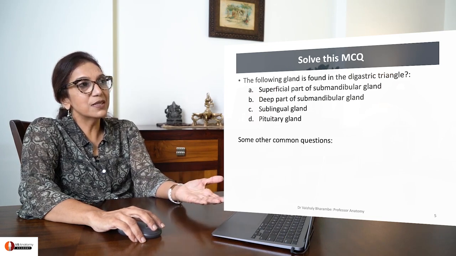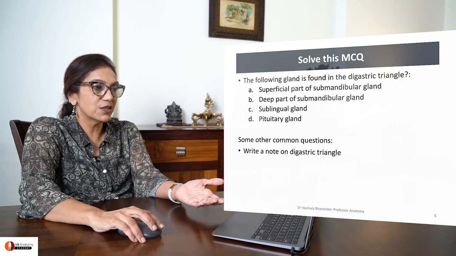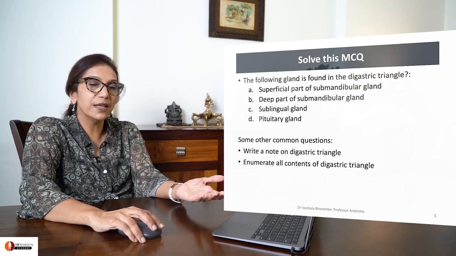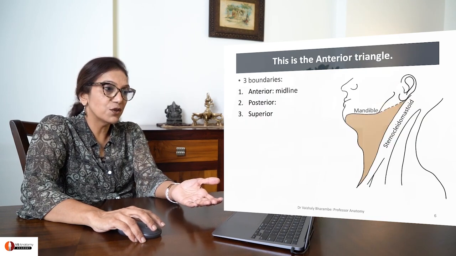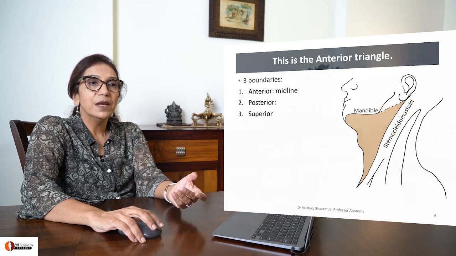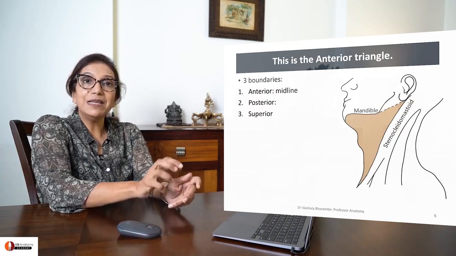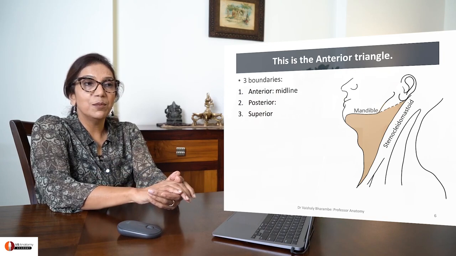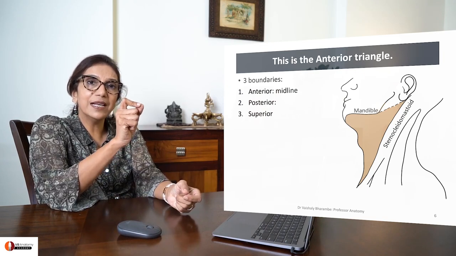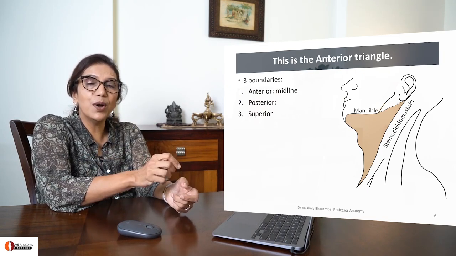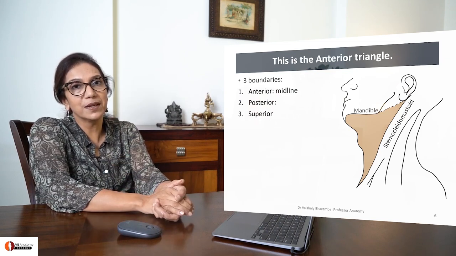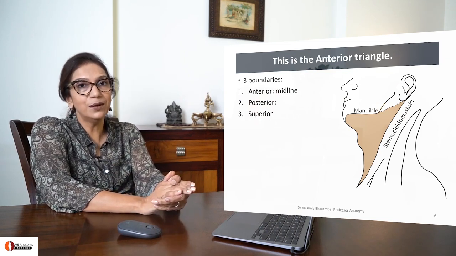There are other questions asked in the digastric triangle, such as write a note on digastric triangle, give the contents of digastric triangle, and so on. See, to be able to have a general idea is one thing, but to be able to exactly click on the right option, you have to have knowledge about the topic, which is what we are going to acquire today.